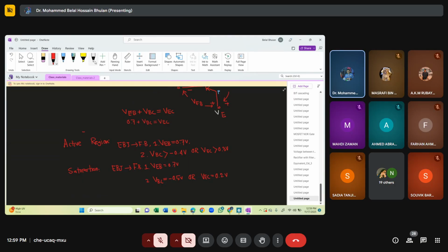Active region, EBJ must be forward biased, and number one condition, VEB must be forward, VEB 0.7, and VBC must be greater than minus 0.4 volt, or VEC must be greater than 0.3. Again, it's a range, not fixed.